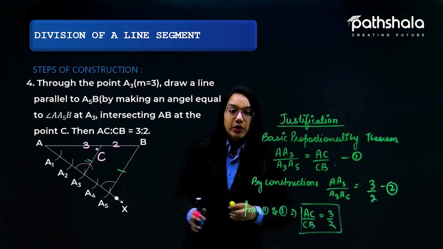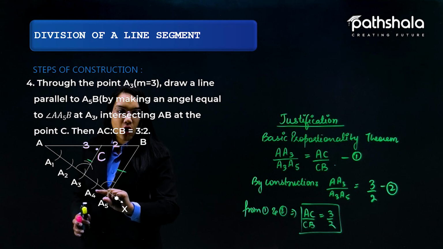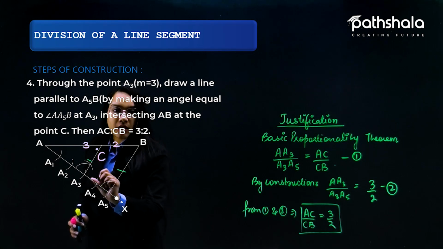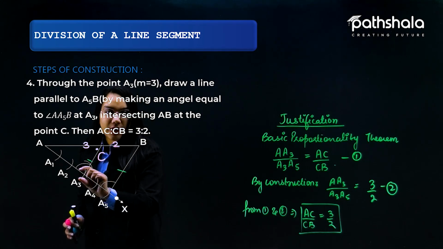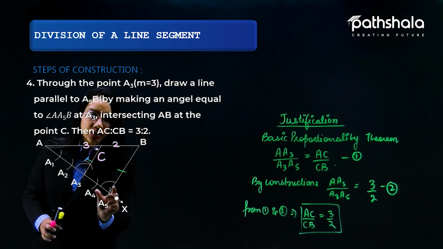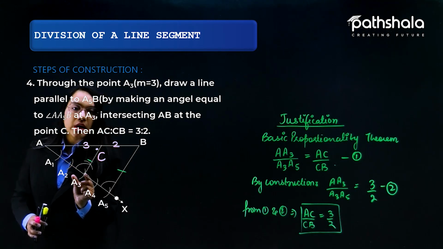So first of all, we have to draw an arc over here using A5 as a center, and again at the point A3 we have to draw the same arc over here. Then we have to measure this arc using the compass, and draw an arc over here as well in the same manner.